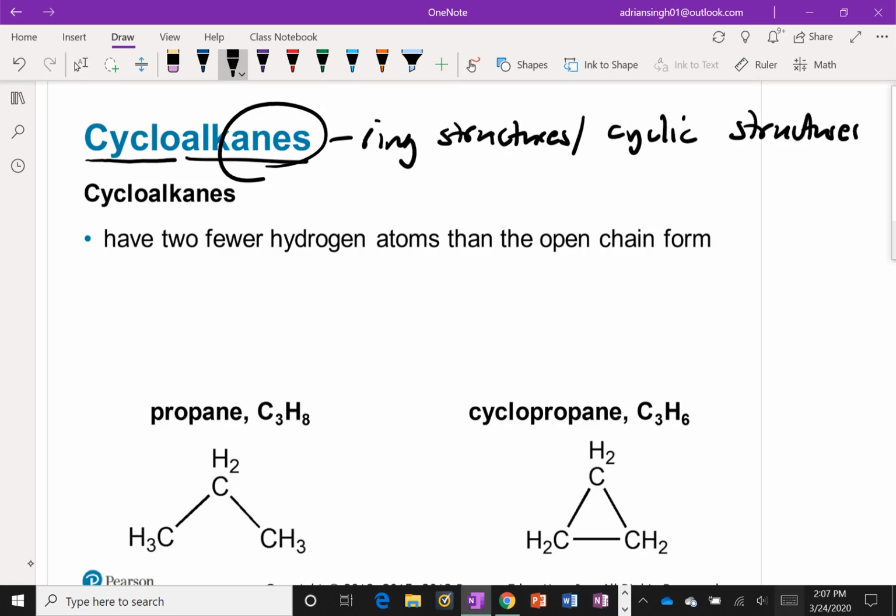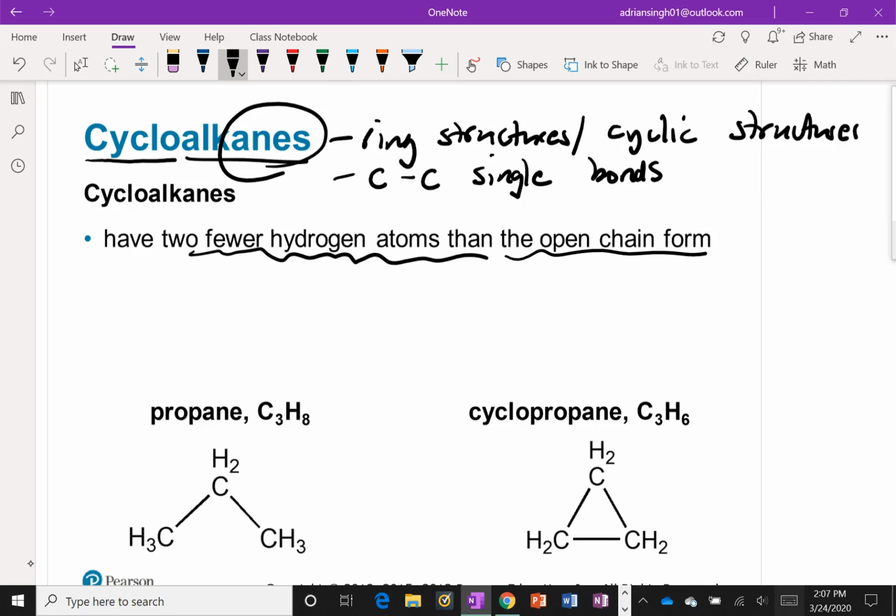And again, because they're alkanes, they're going to contain carbon-carbon single bonds. Right? Because now we're essentially closing a chain to make a ring structure. This is going to have 2 fewer hydrogen atoms than the open chain form that we saw previously.